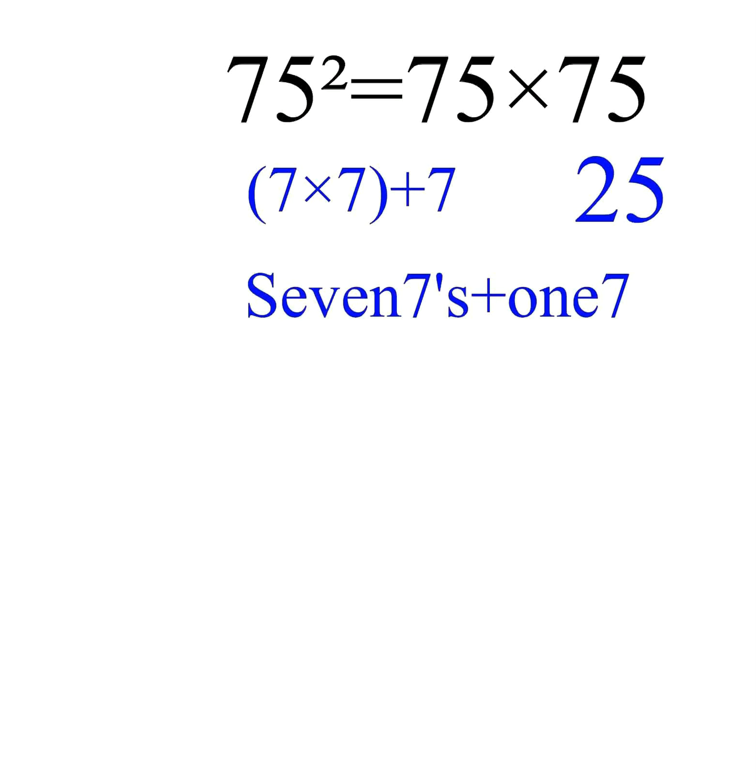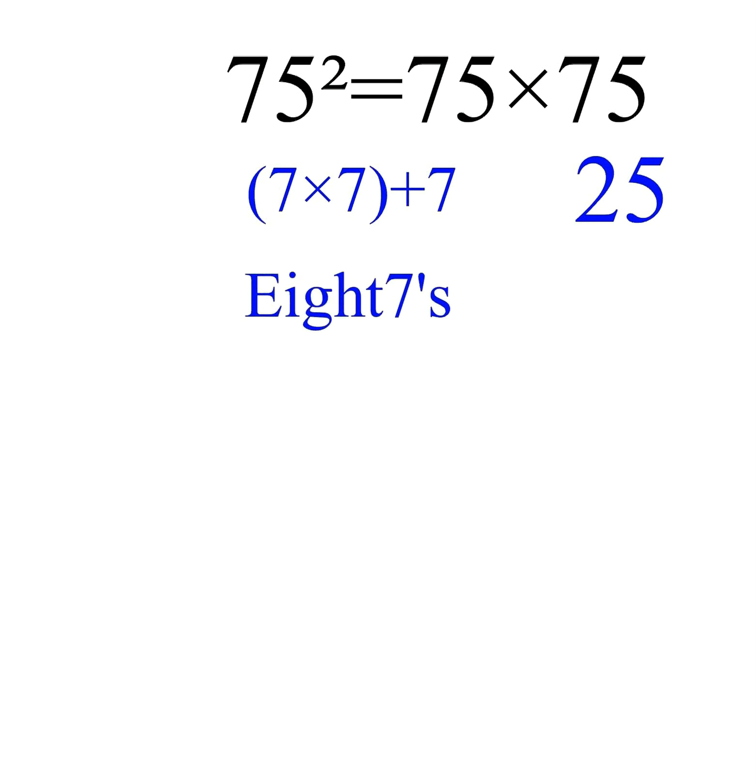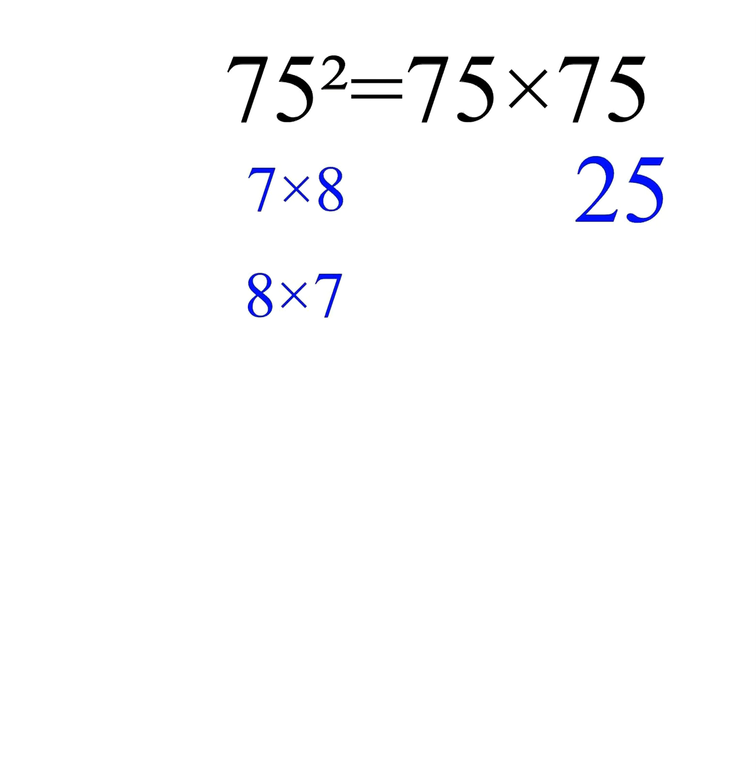Now, here we got 7 sevens plus 1 seven, and that would be 8 sevens. Just like 7 apples plus 1 apple would be 8 apples. So 8 sevens means 8 times 7. And that would be 56. And we write it down next to 25.